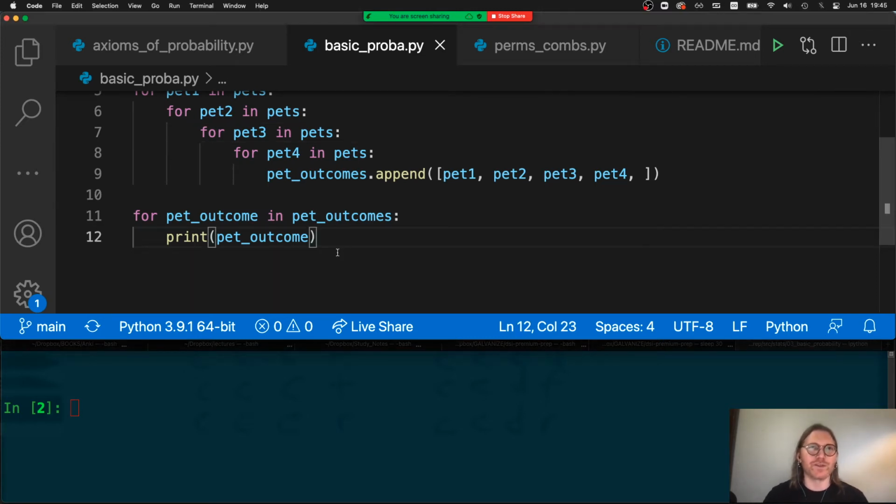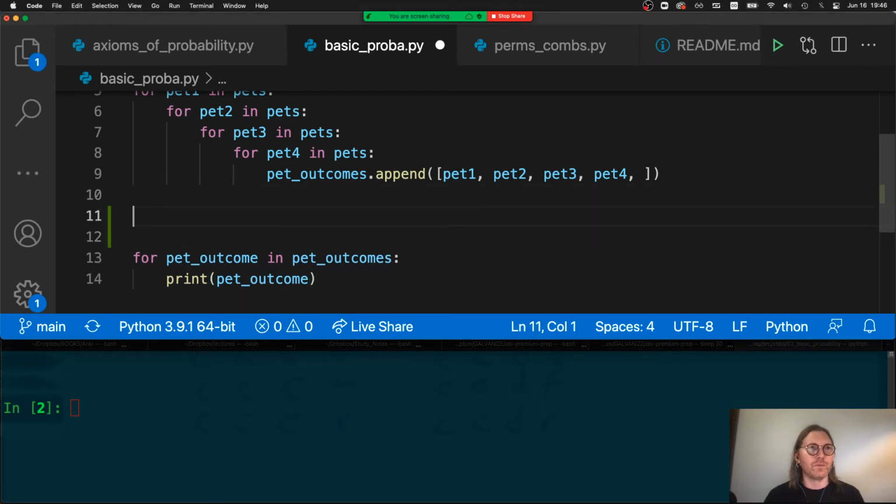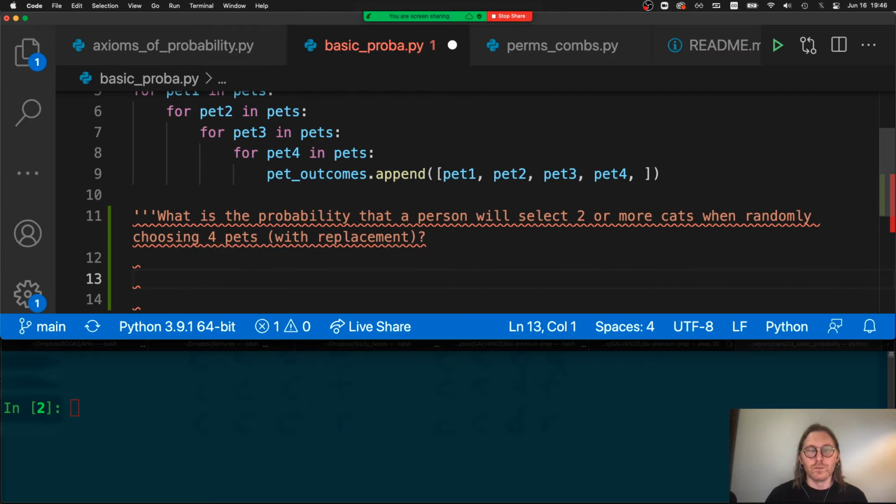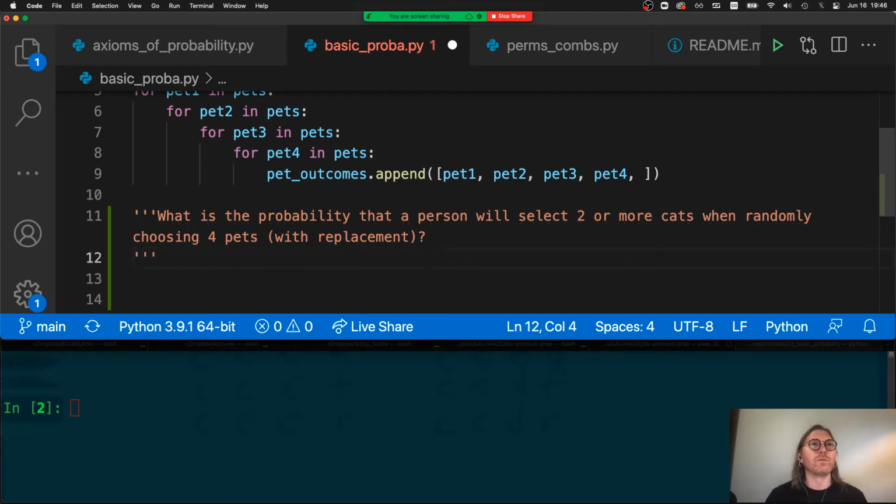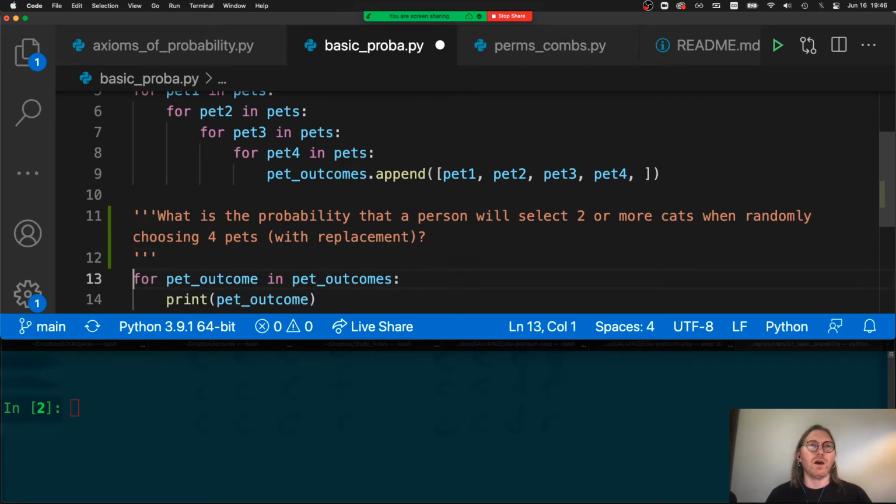So let's answer this. Just going to paste this question in. What is the probability the person will select 2 or more cats when randomly choosing 4 pets with replacement?